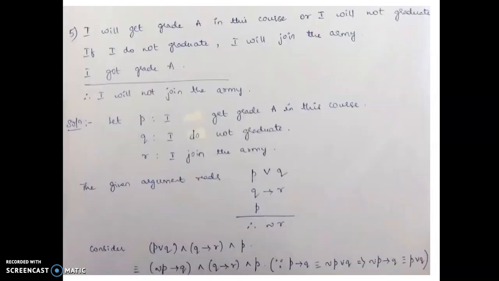When the statements are given, we have to assign them to propositions. We have to form a compound proposition, and once we form it, we have to check which rule is applied. Once a particular rule is applied, then we can say it's a valid statement. Otherwise, it is not a valid statement.